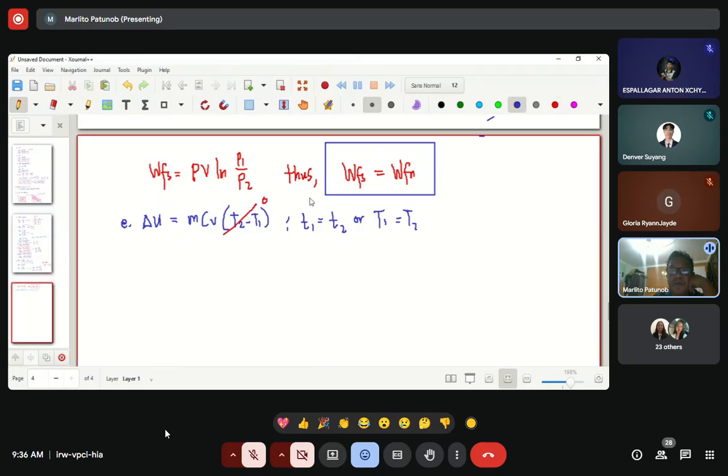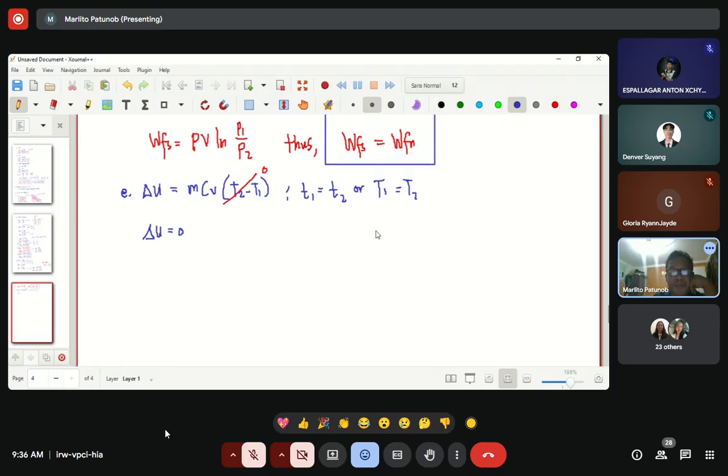So for the isothermal process, your change in internal energy, obviously, because internal energy is always driven by the change in temperature. Since there is no change in temperature, delta U is 0.